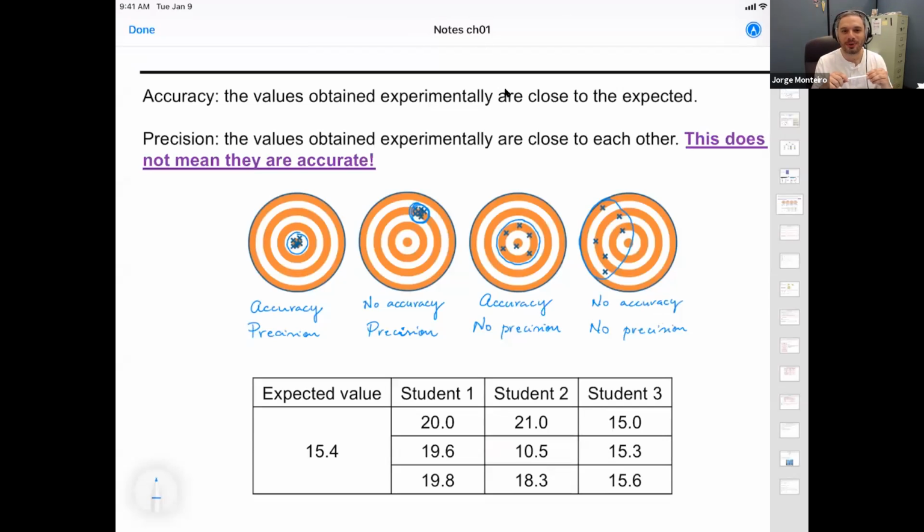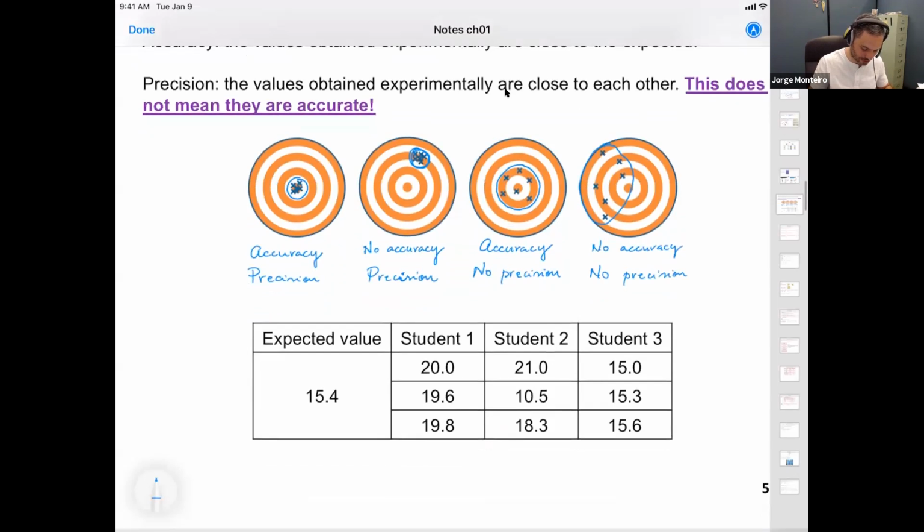Okay, so let's take a look at a second example just to make sure we understood the concept. So let's work with numbers now. So you go to the lab in 2 weeks and you perform an experiment and Glenn expects you to get 15.4 as your result, okay?